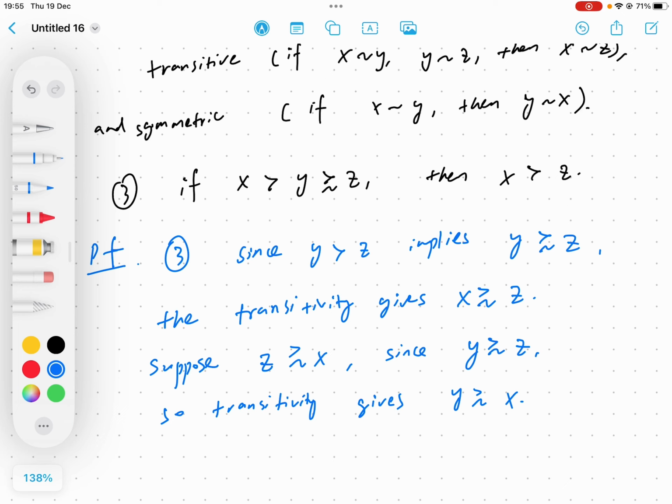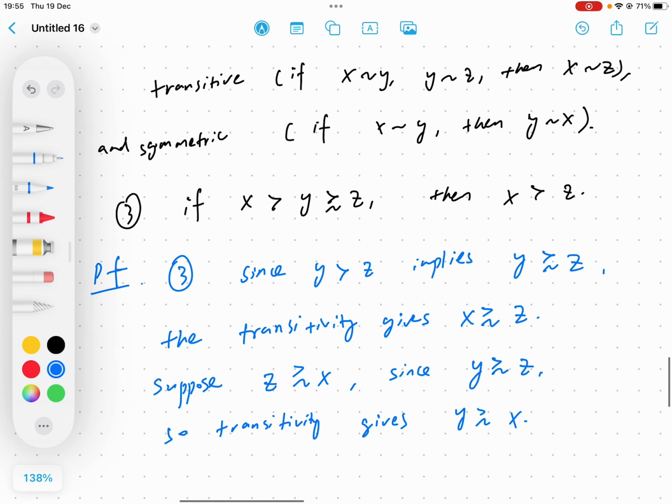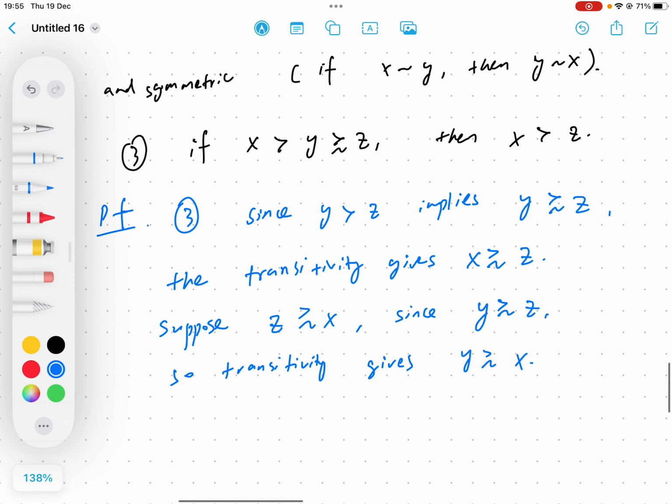But we know from the third argument that we already have y strictly preferred to x. But this contradicts the argument that x is strictly preferred to y. So x must be strictly preferred to z.